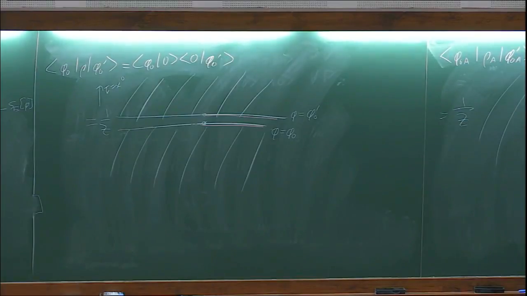And here you have phi naught A prime, phi naught A. And what is this? Well, this is an operator that takes a state on here and maps it to a state on here. How does it map it?